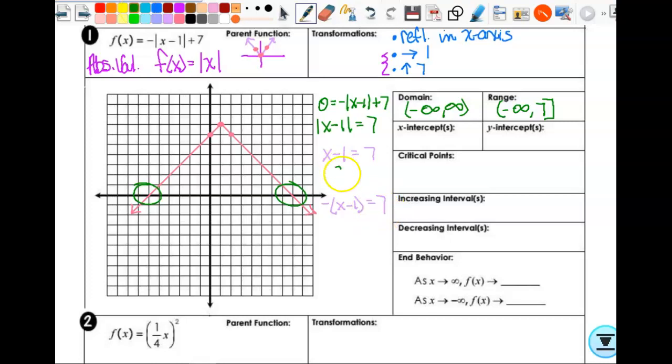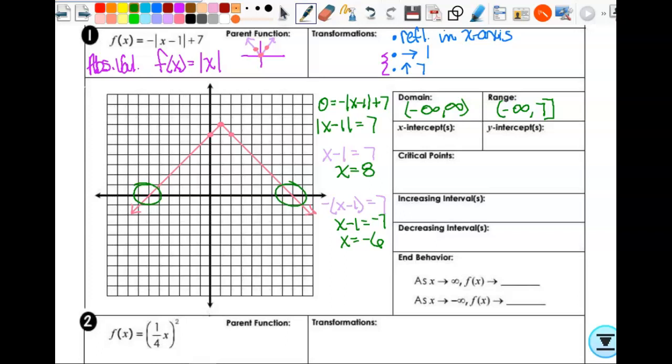So this gives me x equals 8. This gives me x minus 1 equals negative 7, and x equals negative 6. And I should expect 2 because I can see that even if they didn't actually cross, and I did stop way up here, I could still see that they're going to.